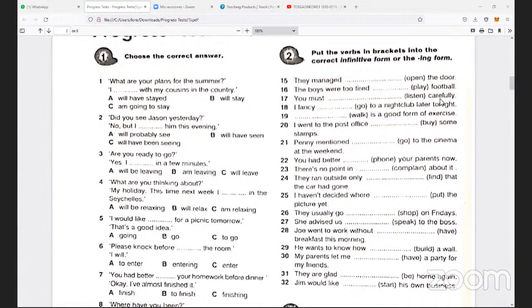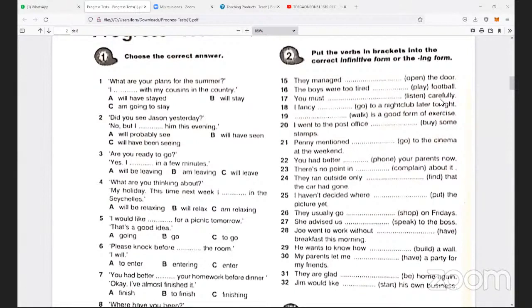The boys were too tired to play football. Yes. All right. In this second, it is like infinitives after adjectives and nouns, right? Perfect. 17. You must listen carefully.